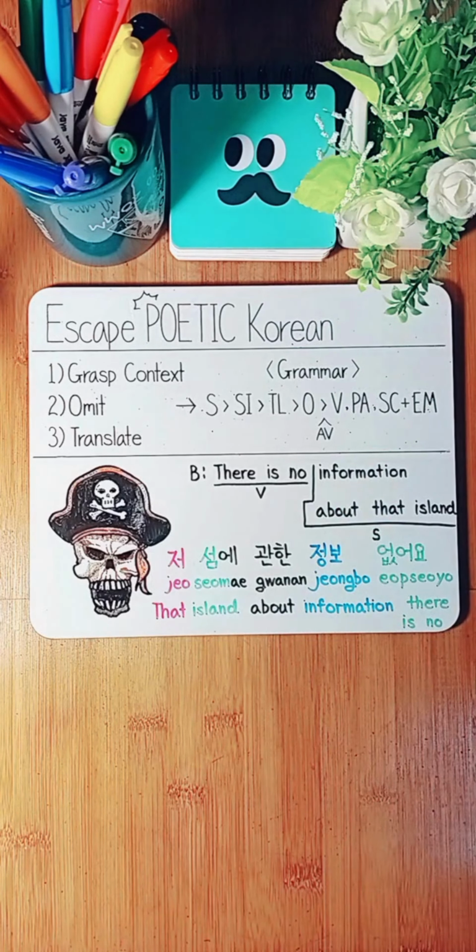Because B technically did not answer the question. But what do you think B is saying? Exactly. No, right? How do you guess that it's no? Common sense and context, right?